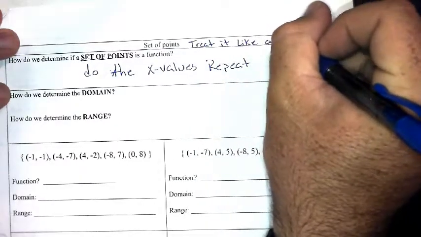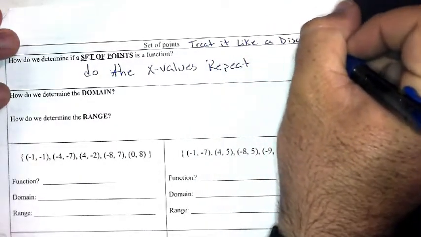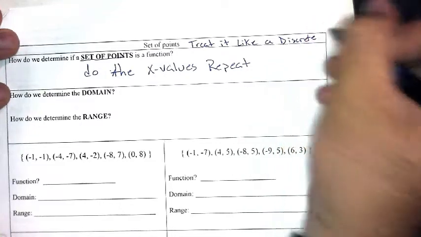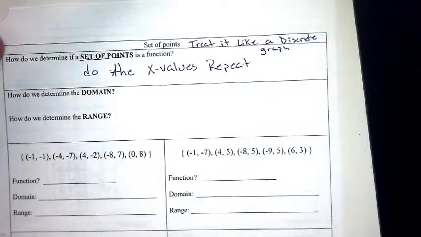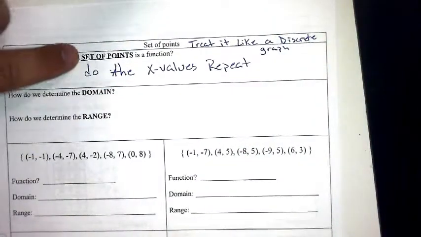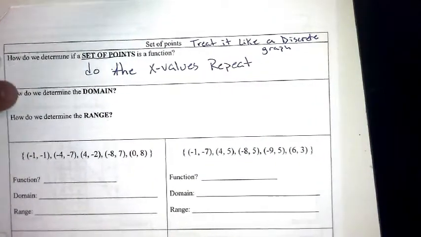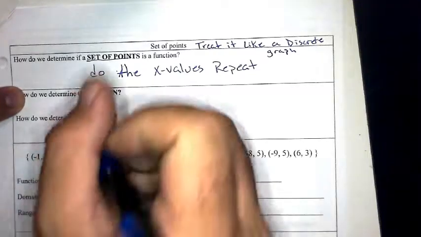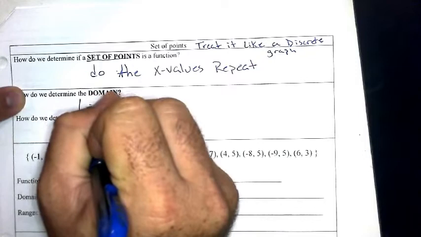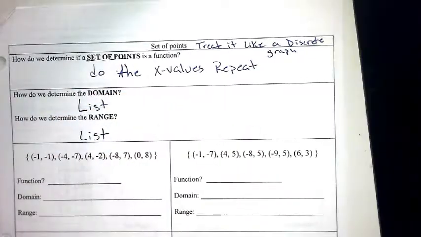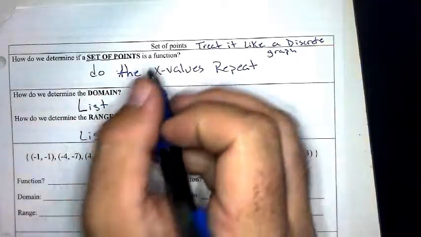So if we're going to treat a set of points like a discrete graph, how do we identify our domain and range? With a what? A list. And domain is a list of what values? Nice. Range is a list of? Nice. Look at y'all growing as students.